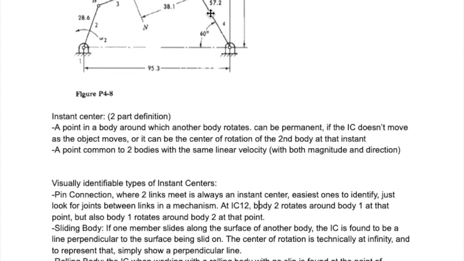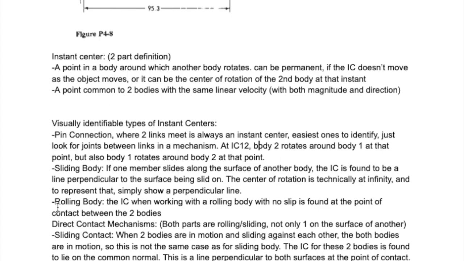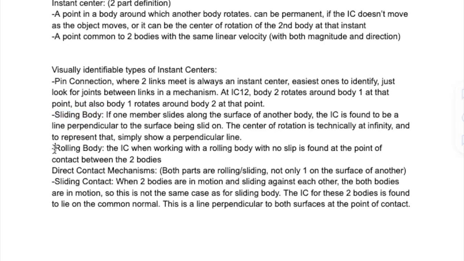Now, there are other easily identifiable ones, such as on a rolling body. So we've already looked at the pin connection. These are the simplest ones. Sliding bodies, that's the next simplest one. It's a perpendicular line to the surface being slid on. Now, the rolling body. What's the instant center for the rolling body?